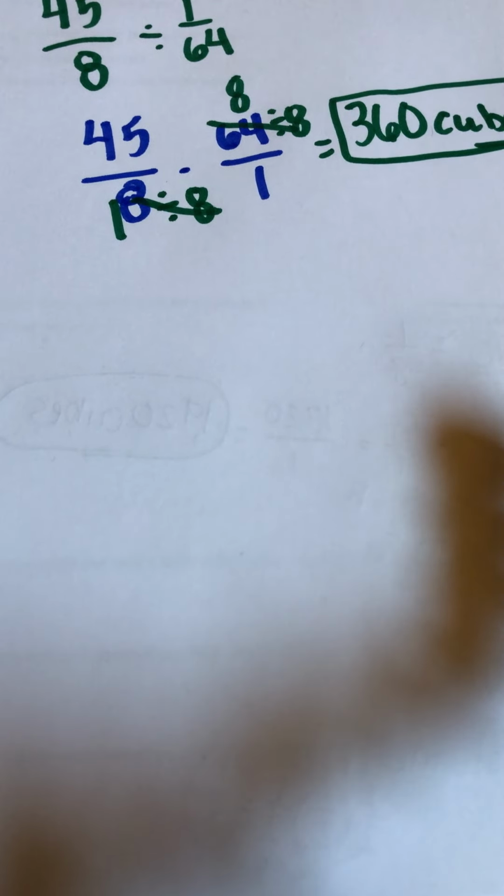So, how many cubes does it take to fill the prism? 360 cubes. And the volume, I need to figure out the volume of this. So I had an improper fraction. So we say, how many times does 8 go into 45?